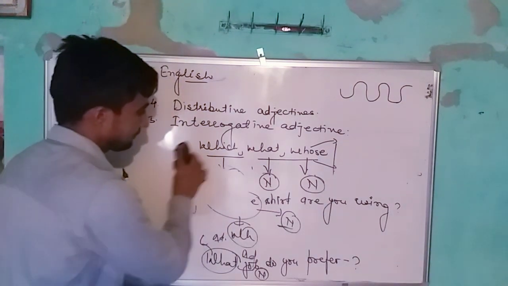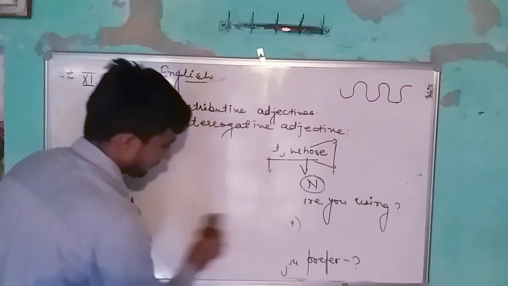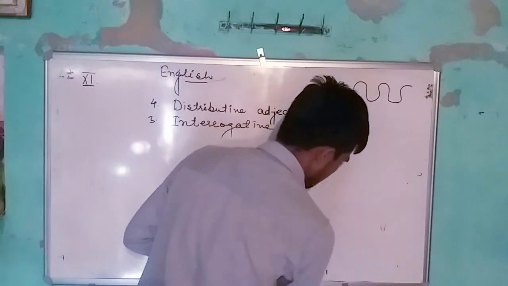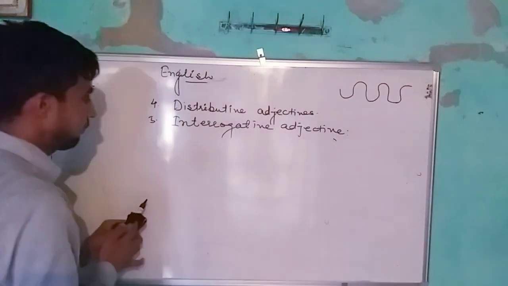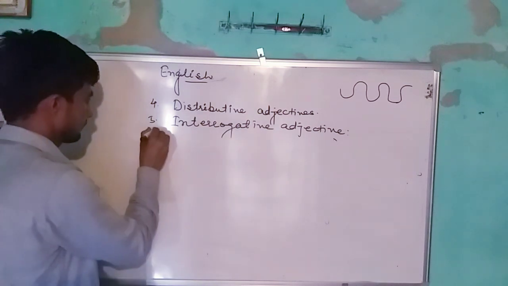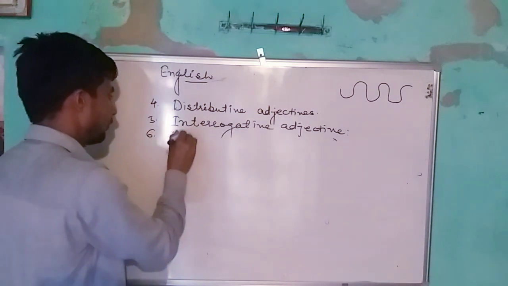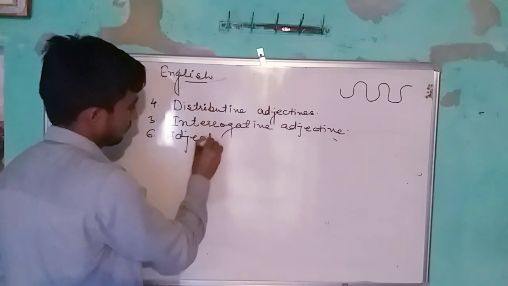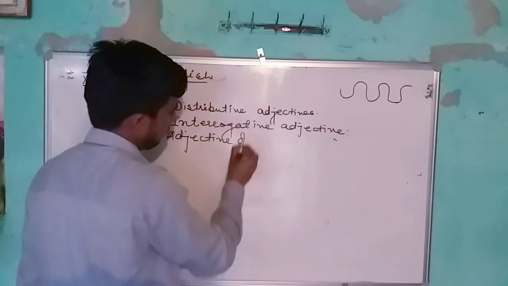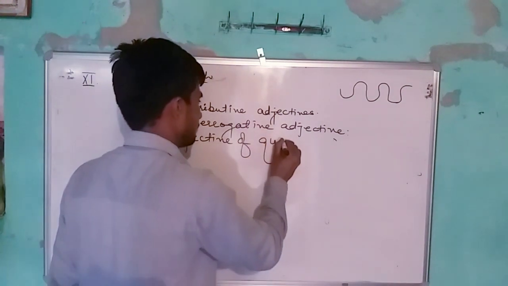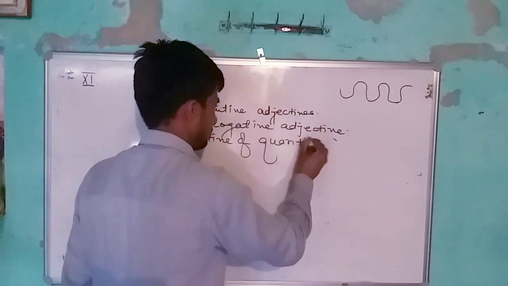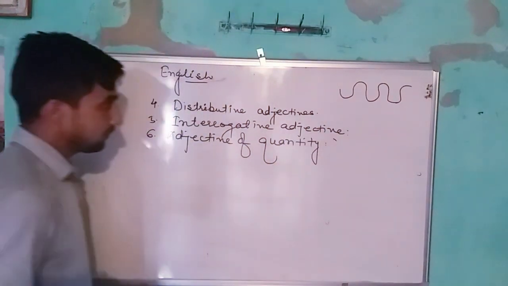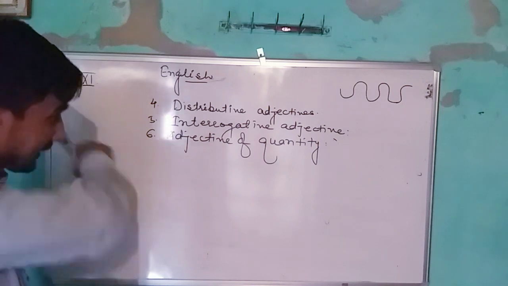Next one is adjective of quantity. In adjectives of quantity, there are many adjectives.